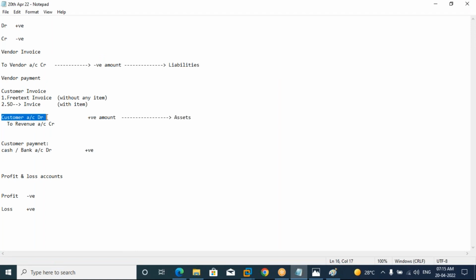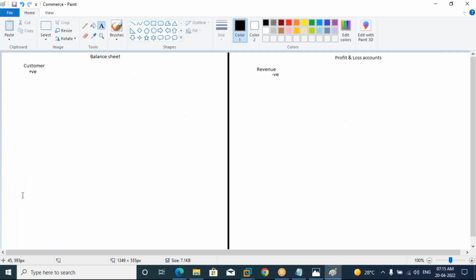Customer account debit to revenue account credit. The profit or income or revenue will be credited, negative, so that this plus this should be equal to 0.